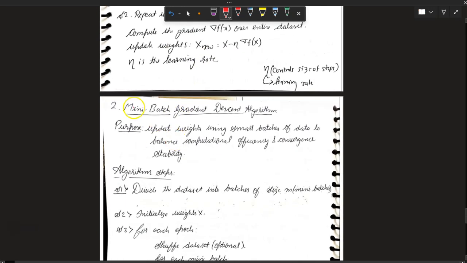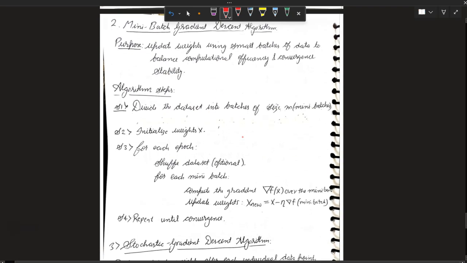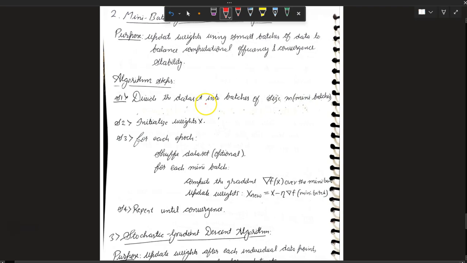The second one is the mini batch gradient descent algorithm. Its purpose is to update weights using small batches of data to balance computational efficiency and convergence stability. It divides the data set into batches of size m, then initializes weight x.